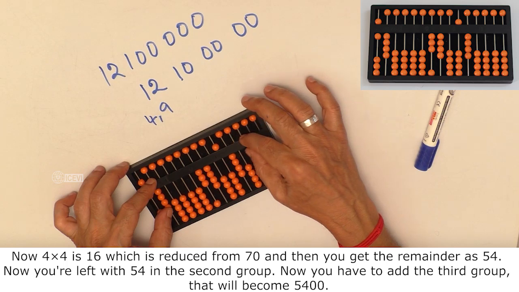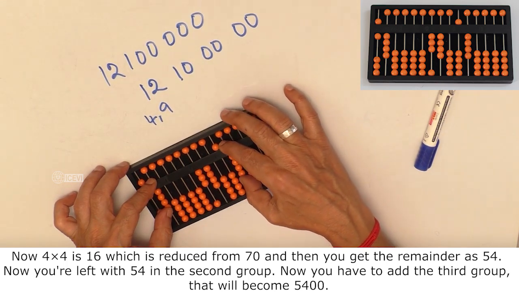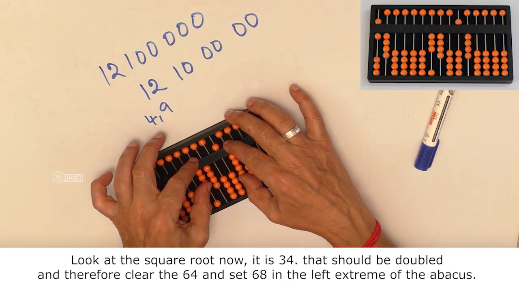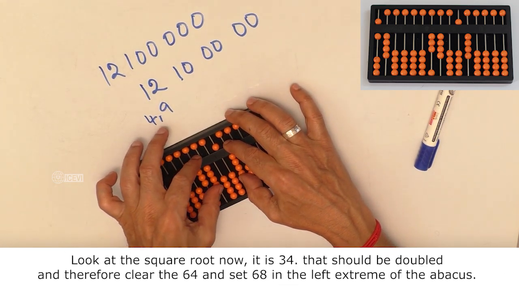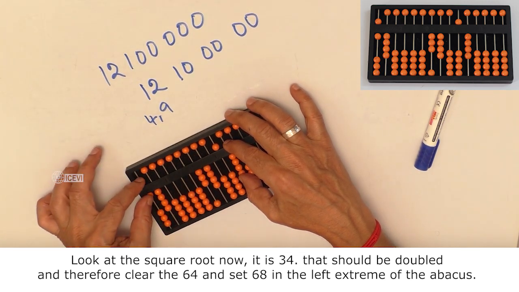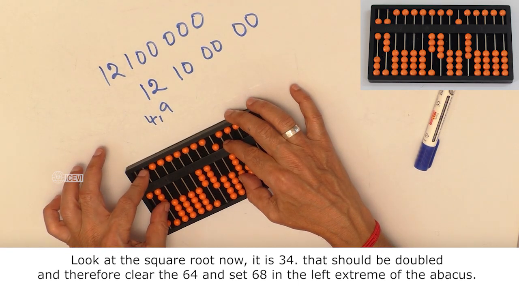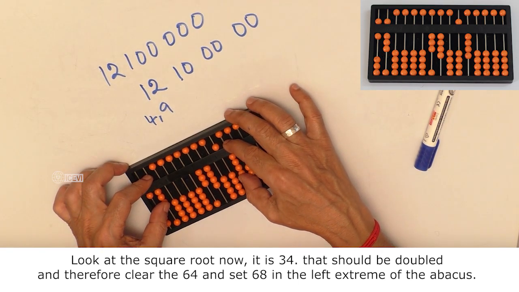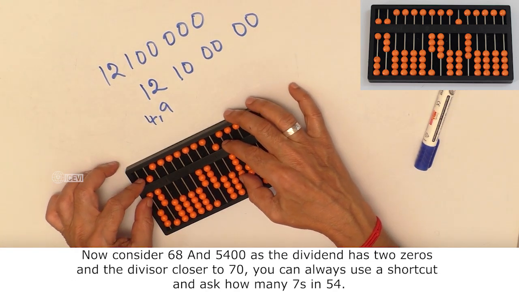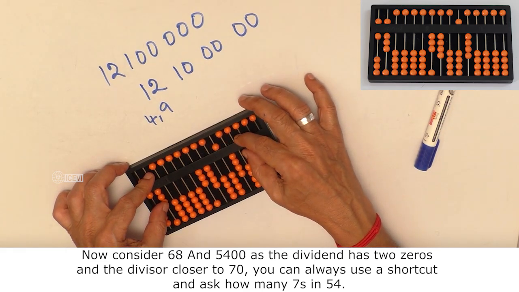Now you have to add the third group, that will become 5400. Look at the square root now. It is 34. This should be doubled, and therefore clear the 64 and set 68 in the left extreme of the abacus. Now consider 68 and 5400.